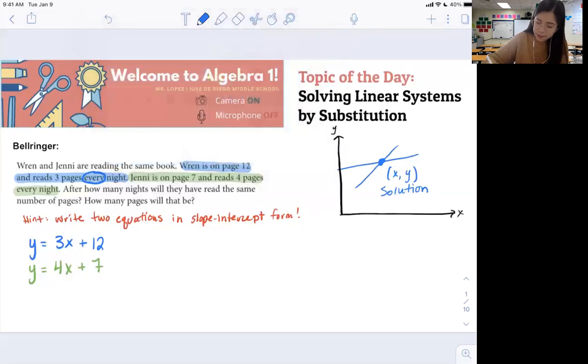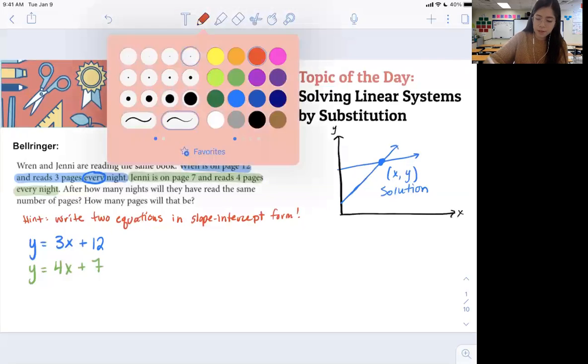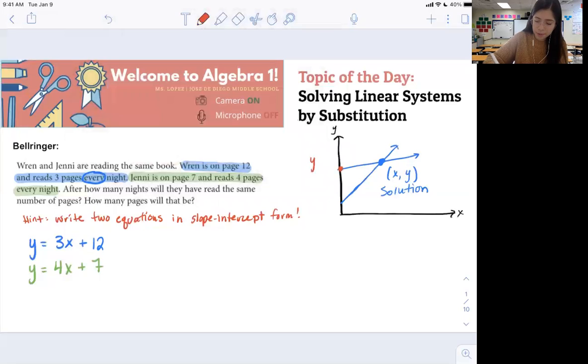And these two lines, this is just a random example. I'm not saying that this is what ours looks like, but in general, if you have a graph like this, there's a place where they meet up, that's the solution, but there's also a y-intercept over here and a y-intercept over here, and sometimes you'll have x-intercepts as well.